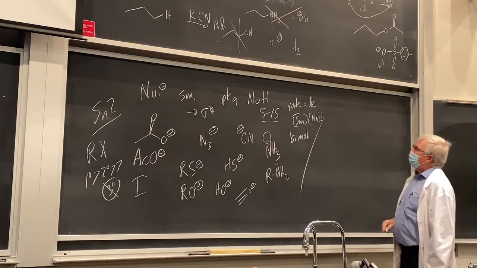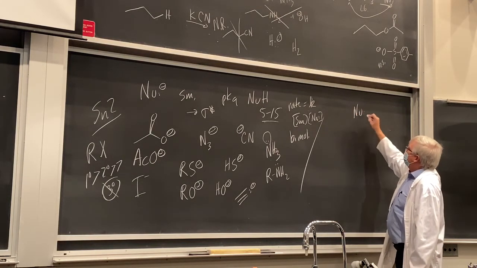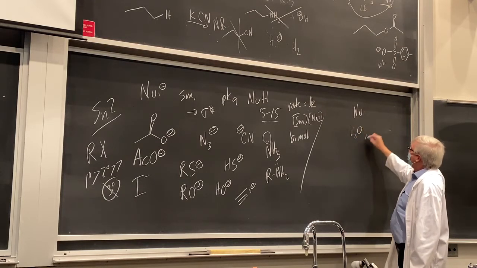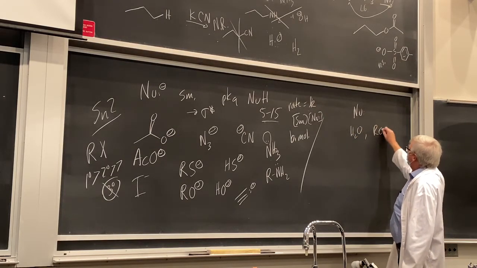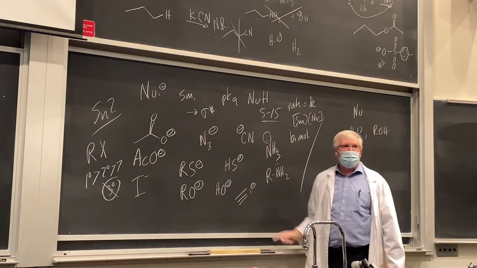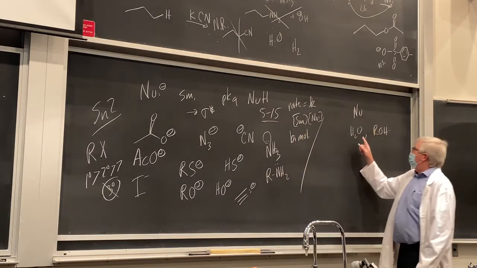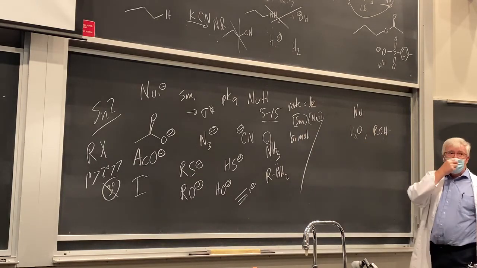Now let's put a couple more up here to talk about other neutral nucleophiles like water and alcohols. Okay, so that's differentiating these two, and students often mix these up. Is the reagent alkoxide or hydroxide, or is it neutral water or an alcohol?